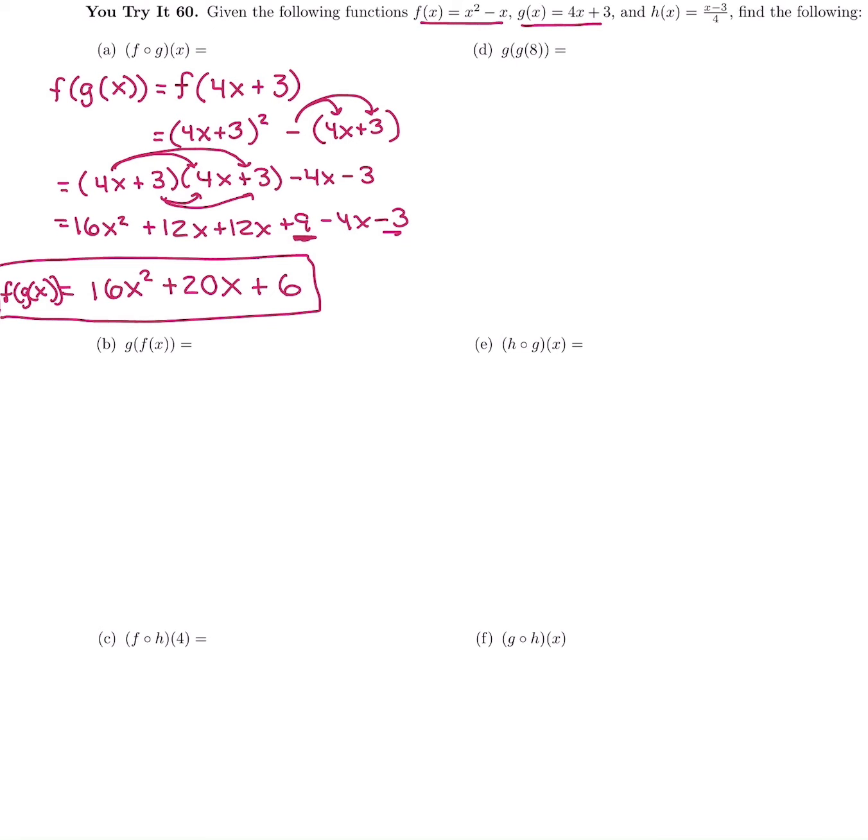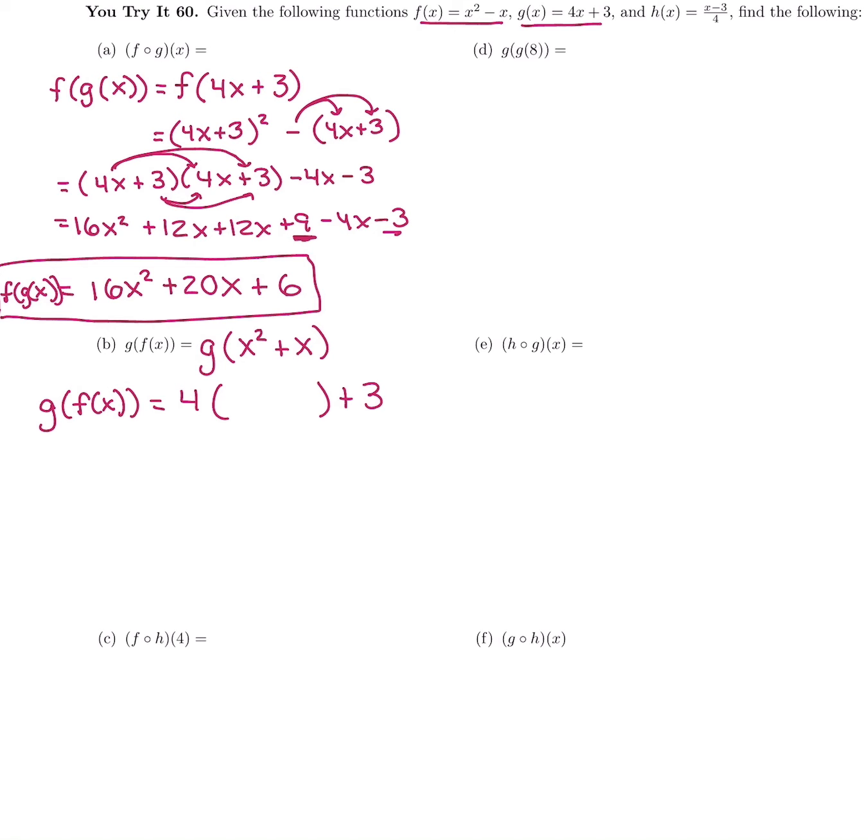Okay. So let's see if we switch the order. The next one says g of f of x. So I'm going to plug in f of x, which is x squared plus x, into g. So I'm going to look at that g of x, which is 4x plus 3, and replace x with f of x.